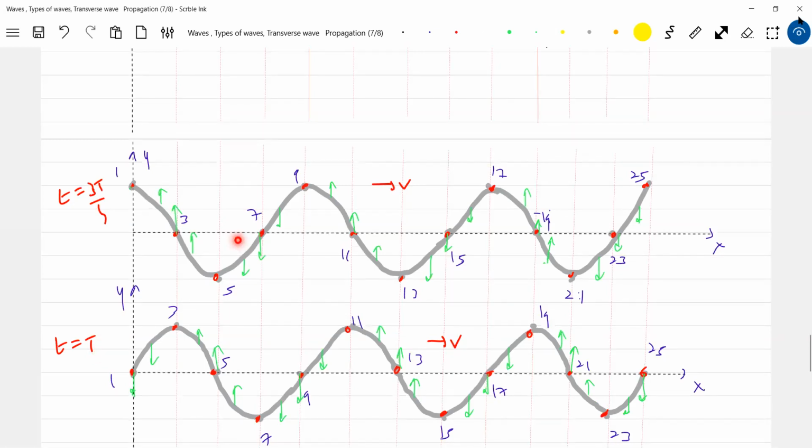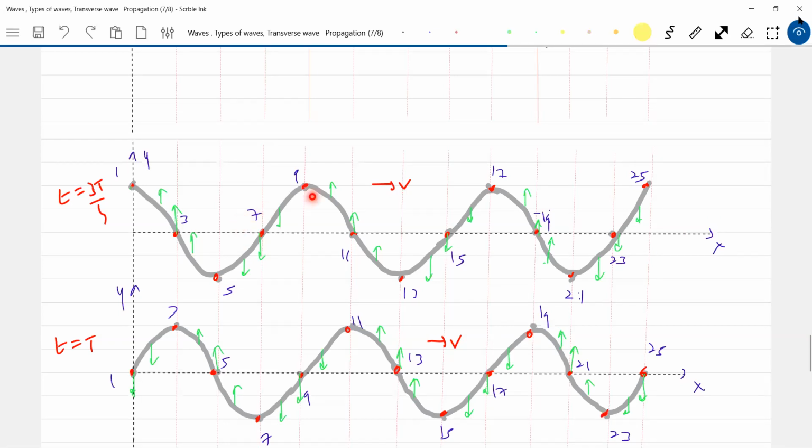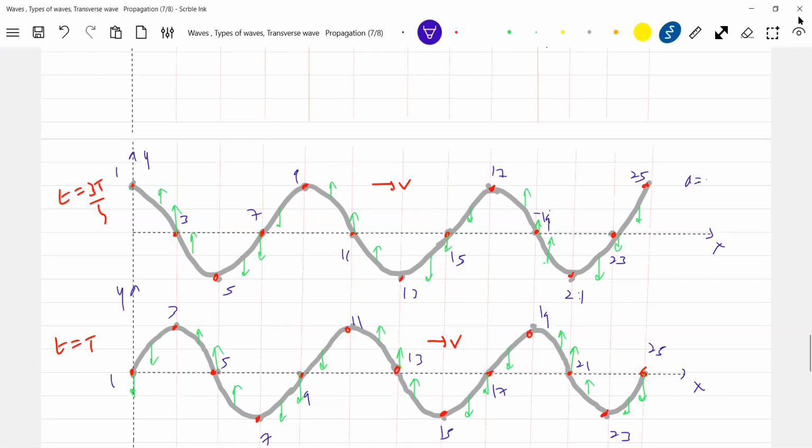So in the y-x graph, we can predict at a given instant of time which particular point on a rope is moving in which direction, and what its acceleration is. Because what is the formula? a equal to minus omega square y. You know at what point it is, so you'll get the acceleration also. You know the speed also. You can get the wavelength. You know the amplitude. So the y-x graph will give better information for us than the y-t graph.